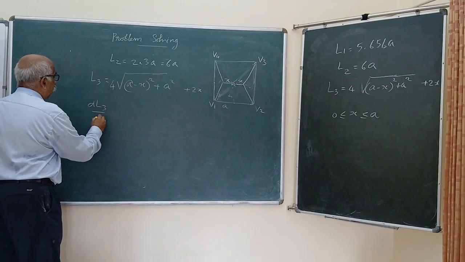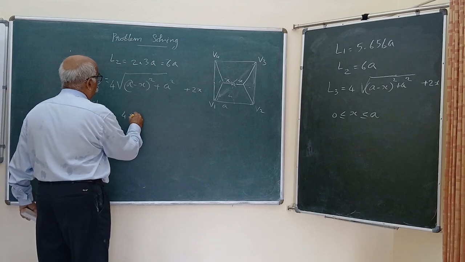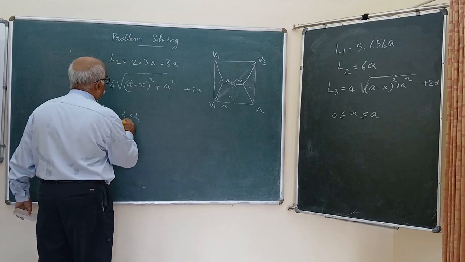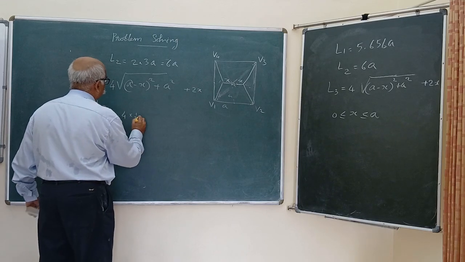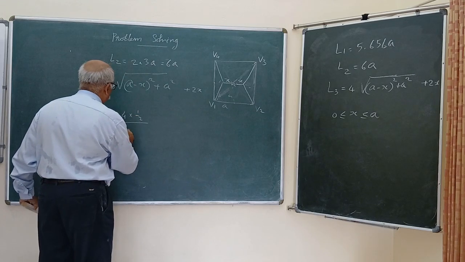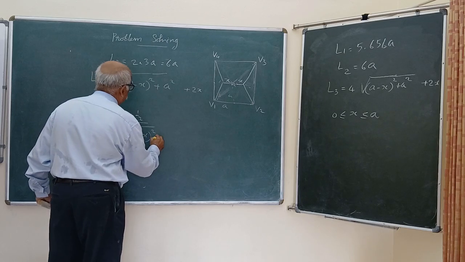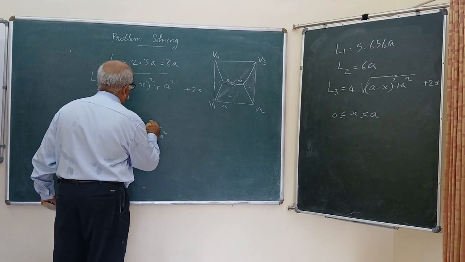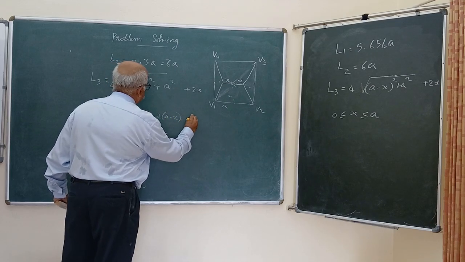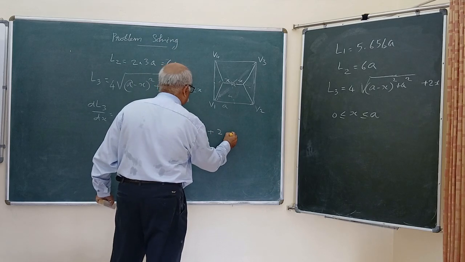Its minimum happens when the derivative of L3 with respect to x becomes 0. dL3 by dx is equal to 4 multiplied by half, divided by the square root of (a minus x) square plus a square, into 2(a minus x) into minus 1, plus 2. This is equal to 0.